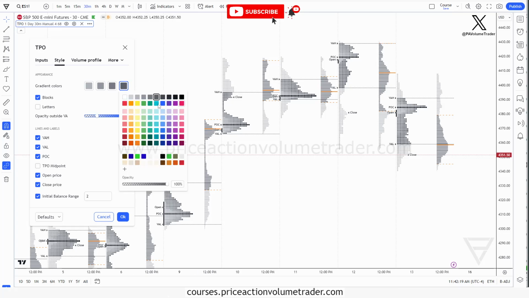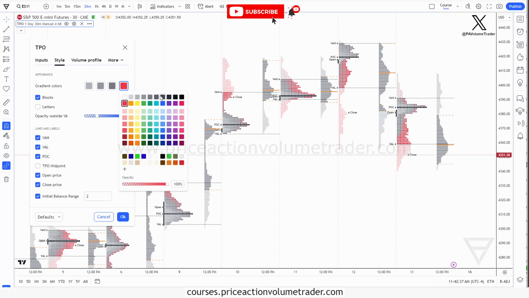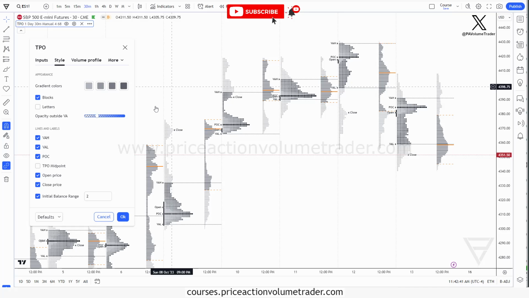But here, if I just put this as red, then you can see how the gradient starts in the grays and then ends up in the red, which is towards the end of the day. But again, I just like to have this in shades of gray.